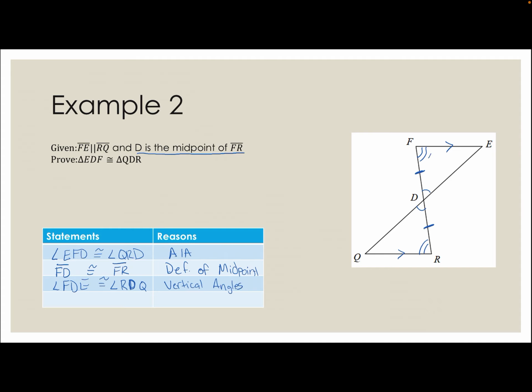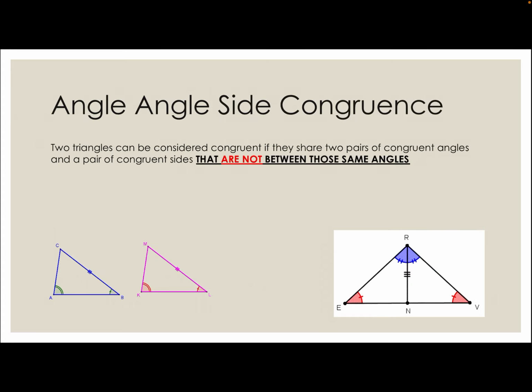So we're going to say vertical angles. And so now again, we have an angle, we have a side, and we have an angle. And that's going to mean that triangle EDF is congruent to triangle QDR, and the reason is angle, side, angle.